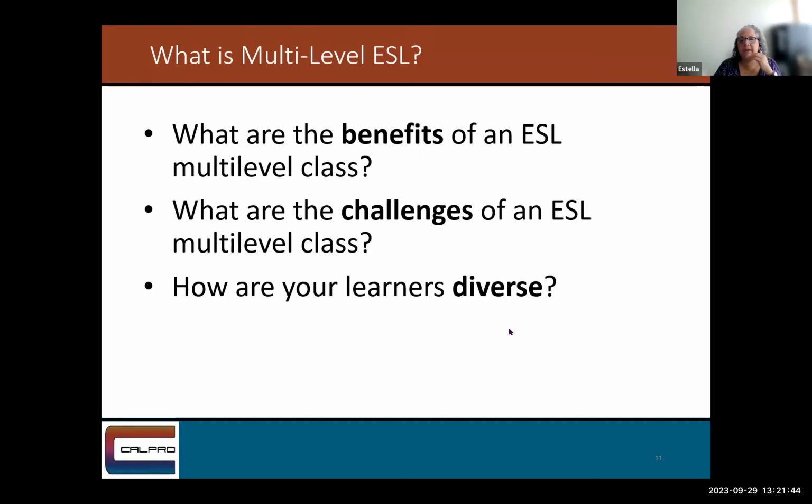How are your learners diverse? Well, I have students from Mexico, Colombia, Afghanistan, China, Laos, and Brazil. Nice. Yeah, and some of them are also diverse in the goals that they have.